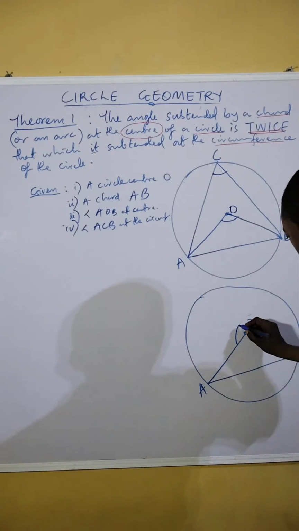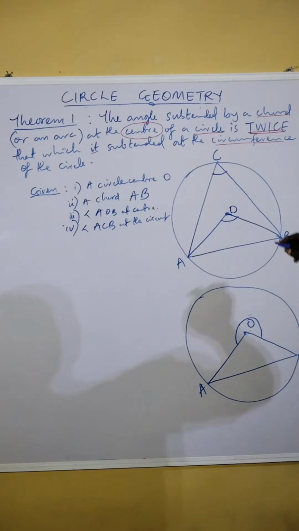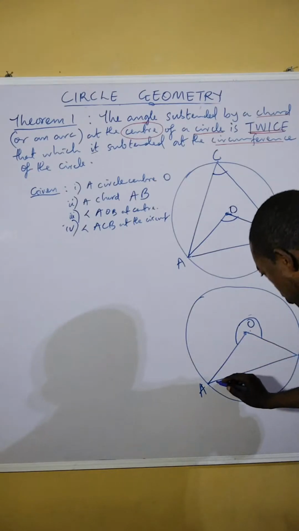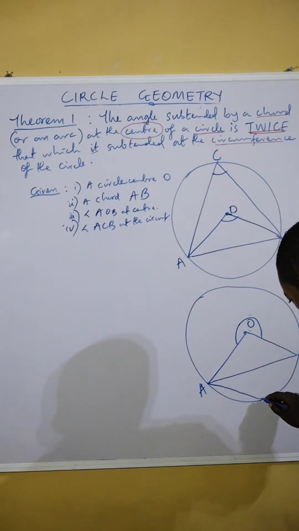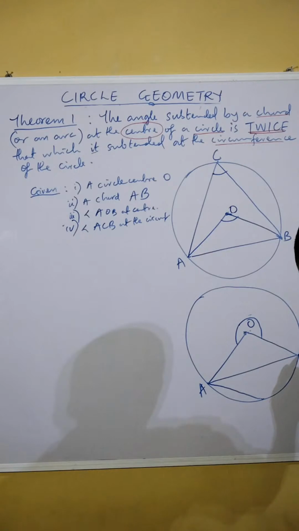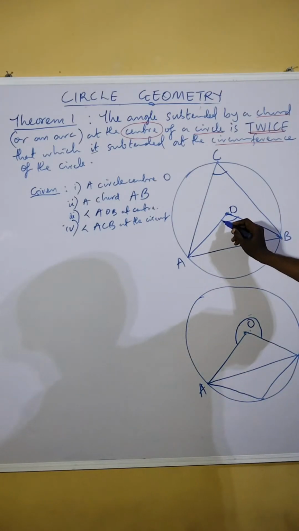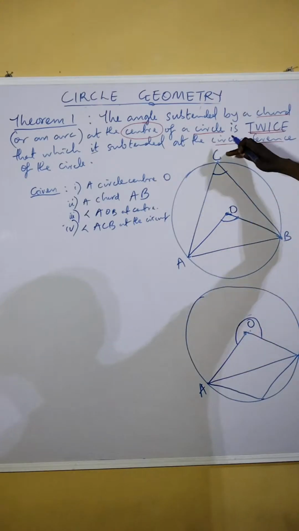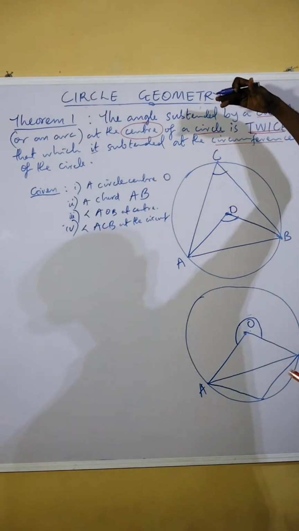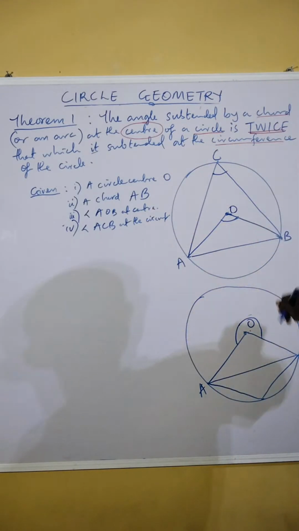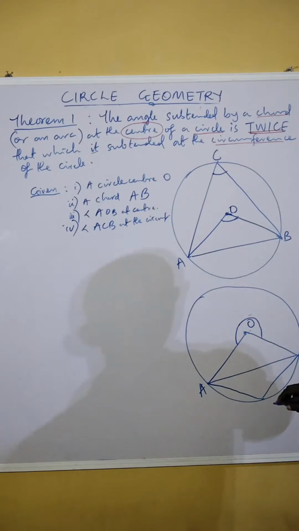Then the way we are going to draw the circumference is going to be the other way around. So the circumference will be at this side. Now, something important is here. If the angle at the center is the interior angle, the angle at the circumference will be at the upper part of this circle. But if it is the reflex angle, it will be at the other side here. So we can leave it like that.